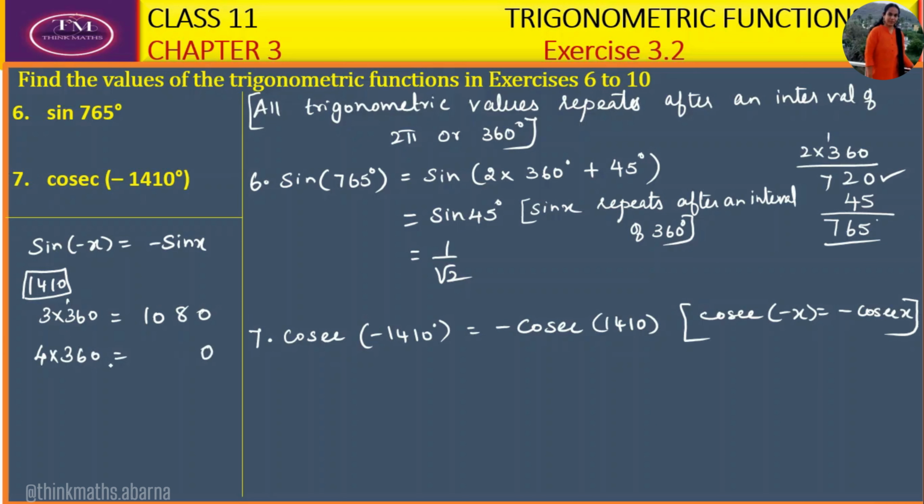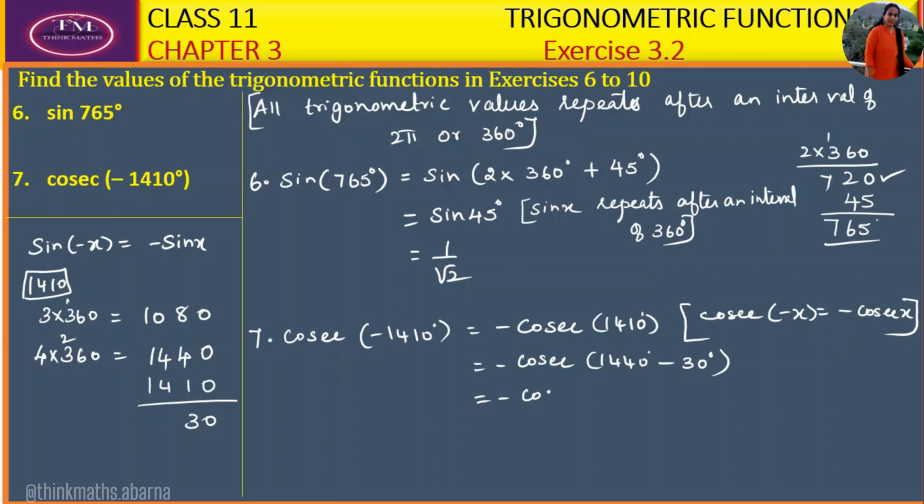So 0, 6 4s are 24, balance 2, 4 3s are 12, 12 plus 2, 14. So if you check, just 30 is the difference. So 1410, we subtract 30. So we can write this number as 1440 minus 30. So this can be written as cosecant of 1440 degrees minus 30 degrees.